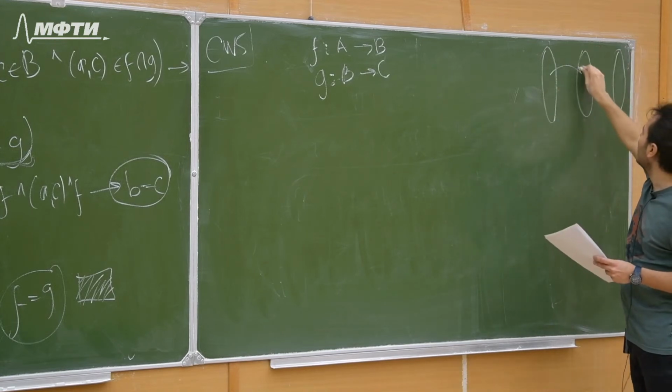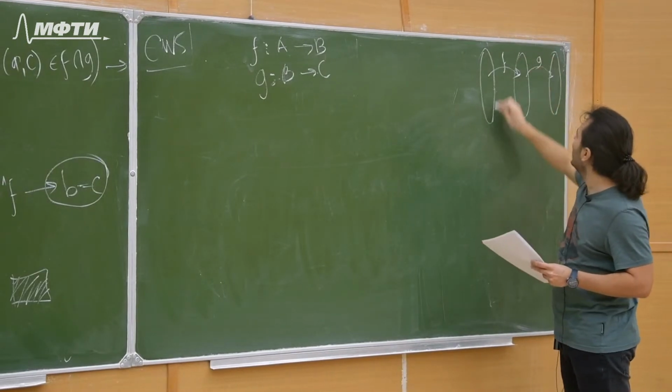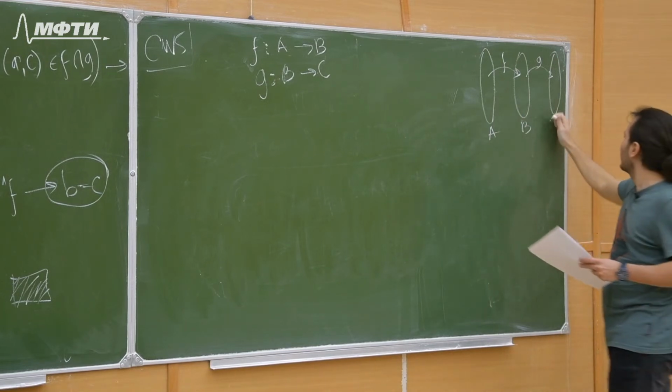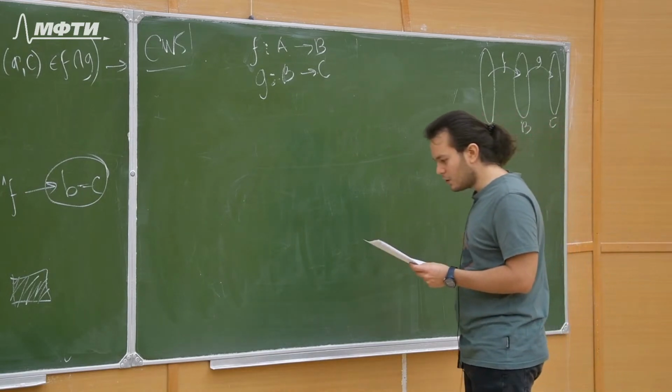So we have here F, we have here G, and this is A, B, and C.